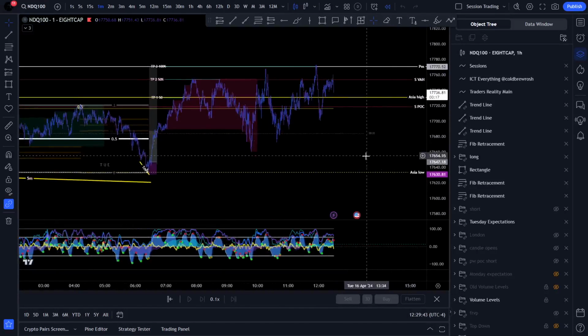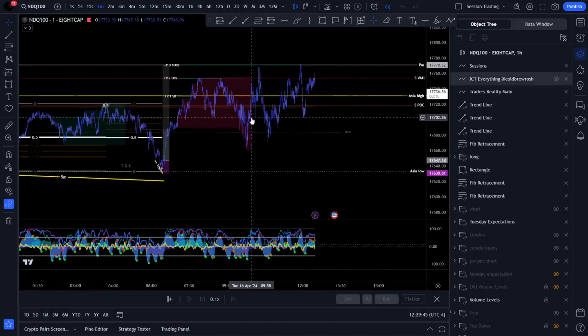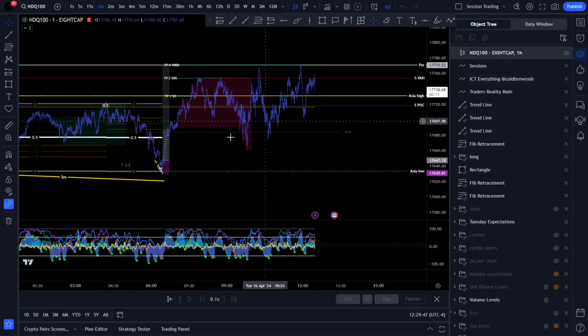Although it's always easy to talk in hindsight, right? But it's important we do this. The more repetition you get with this, the more your eyes see it as it's happening.